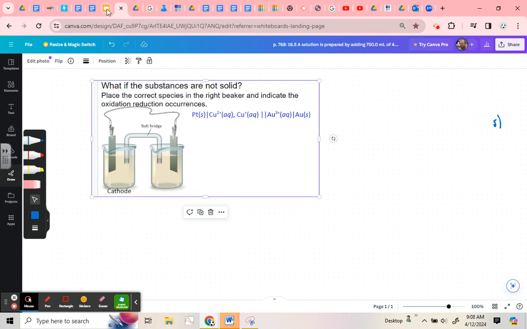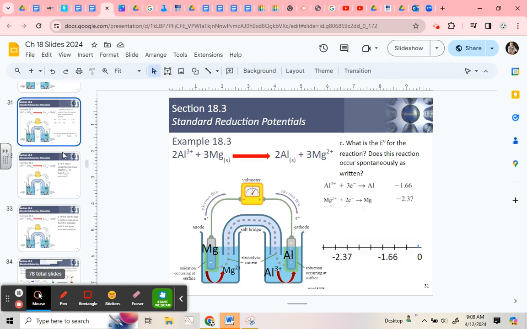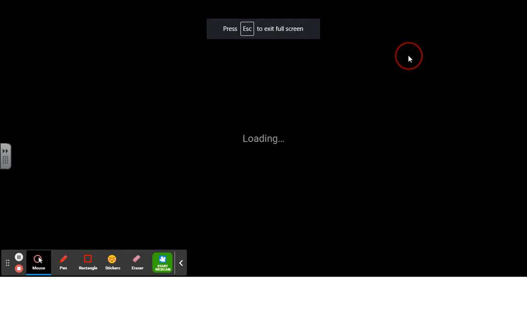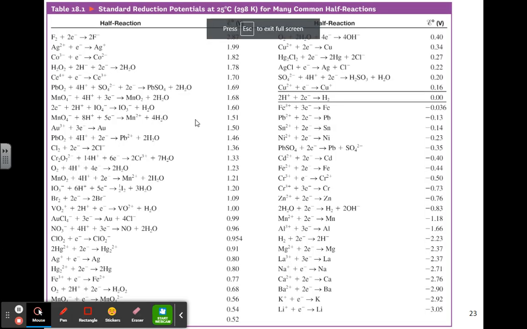So when you look at the redox potential, you're going to notice that gold is a lot higher in potential than the copper. So here's your gold, and it has a reduction of 1.5 volts. And the copper, don't get confused with the copper that is gaining 2 electrons to form a solid. This one is the one that you see in the example. It's copper 2 plus plus an electron turns into copper plus. It's a much smaller reduction potential.